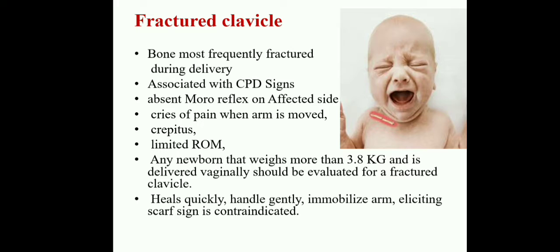The child also has limited range of motion. Any newborn that weighs more than 3.8 kg and is delivered vaginally should be evaluated for a fractured clavicle. If the child weighs more than 3.8 kg, you should suspect a fracture of the clavicle.